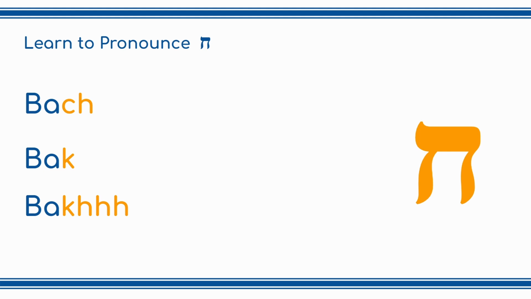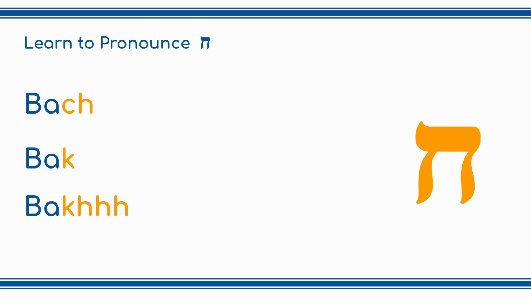So you go Bach, Bach, and then you try to get a flow of air after the K sound. So with the K, go K, K, K, and then send the flow of air out.